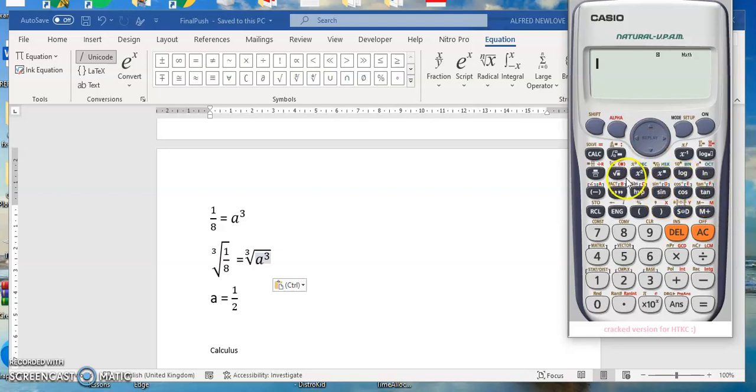Okay, this is a square root, shift a cube root. Alright, then we are going to press this one inside, then 1/8, the square, then it's going to give you half. You see that you've gotten your half there.